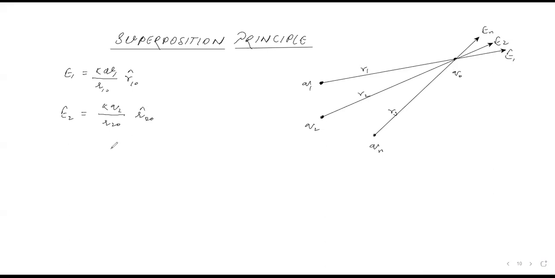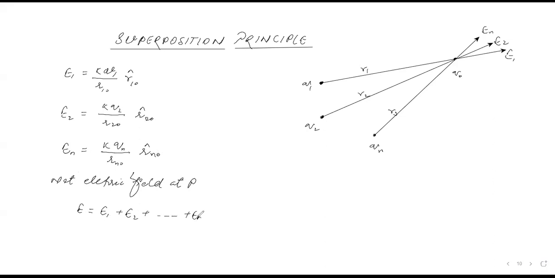For the nth charge, the electric field will be K Qn over Rn0. This is your Rn0. Then the net electric field at P is E equal to E1 plus E2 up to En.